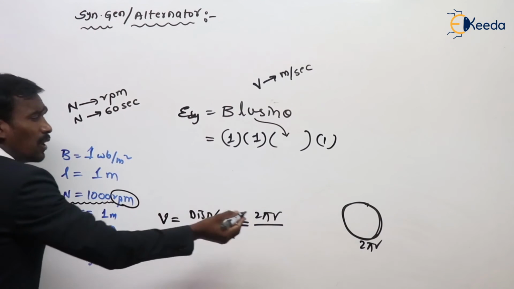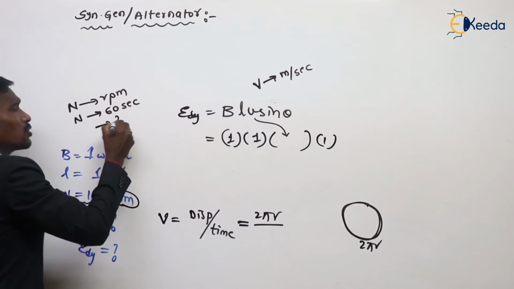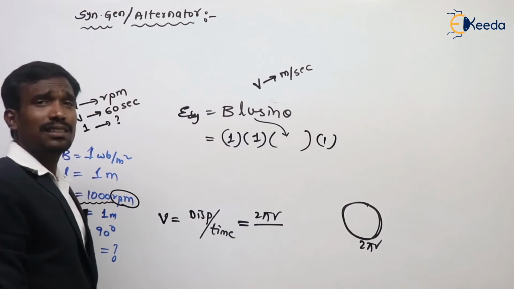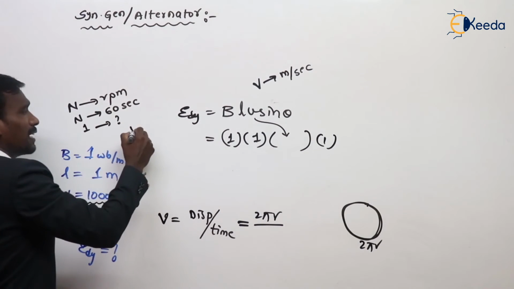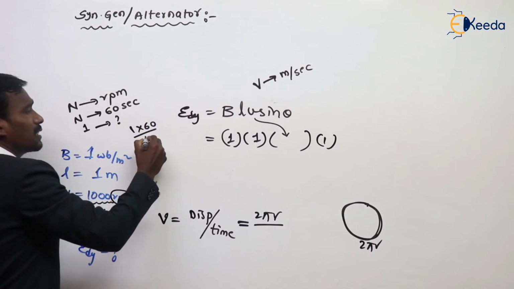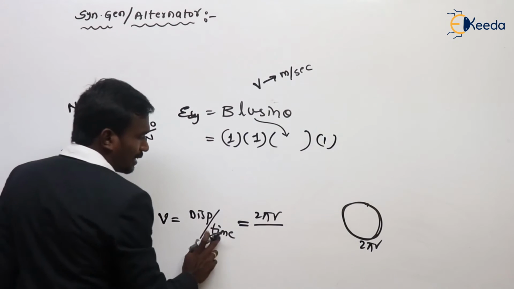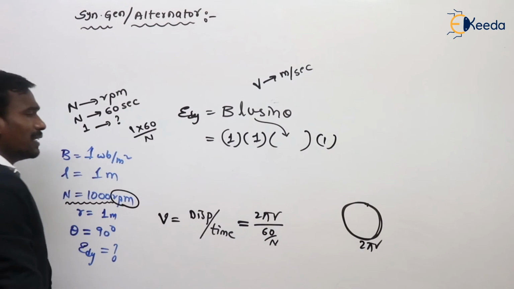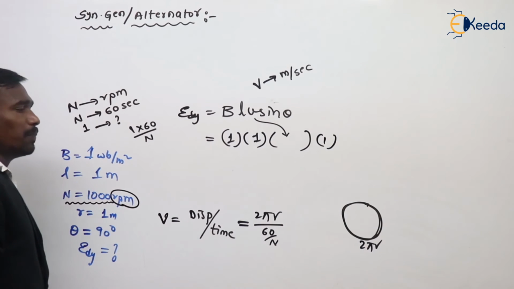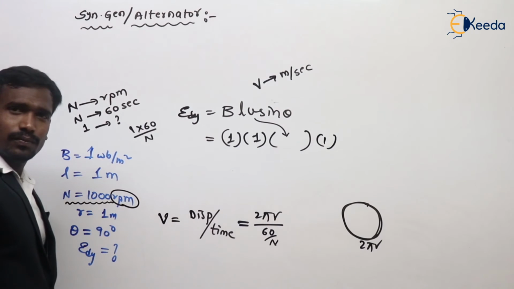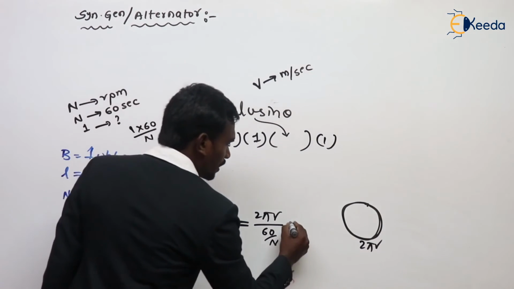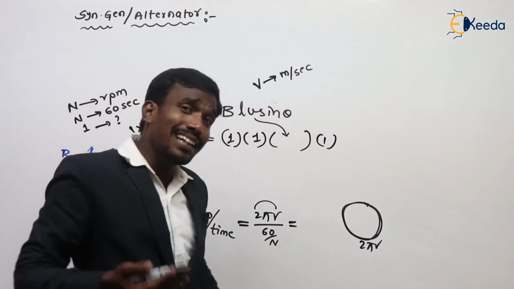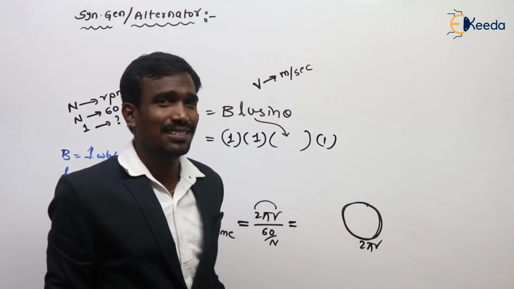Then what is the time to complete one revolution? How can we calculate it? Cross multiplication: 1 multiplied by 60 divided by N. So the time to complete one revolution is 60 upon N. Now tell me the answer. 2r is nothing but 2 times the radius, which is the diameter.